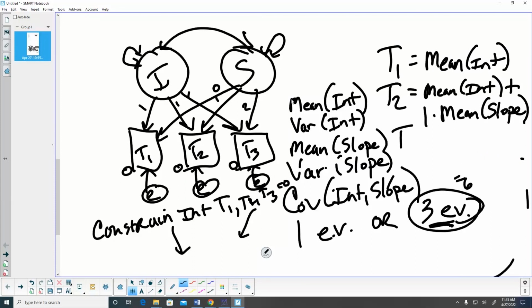And then at time 3, if you wanted to come up with the predicted score at time 3, it's going to be the mean of the intercept plus 2 times the mean of the slope, right? And so basically I'm saying I can reproduce these 3 pieces of mean information just using 2 parameters.